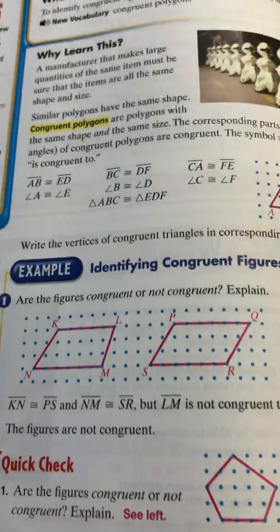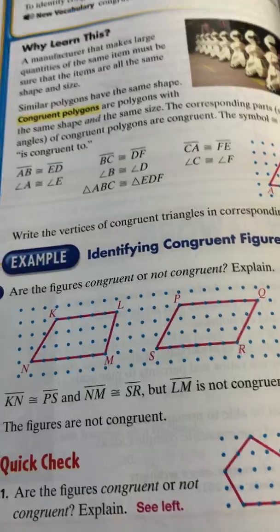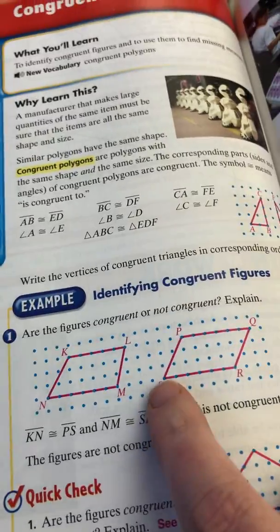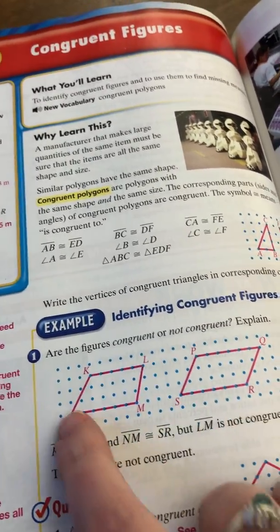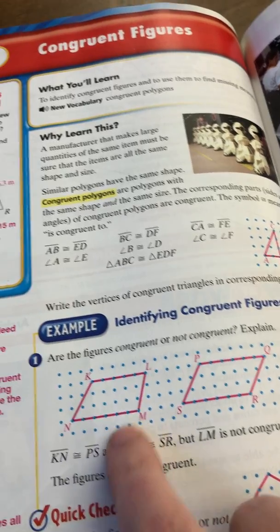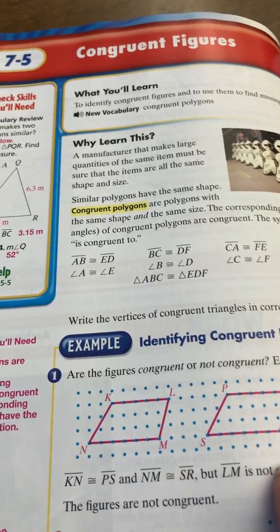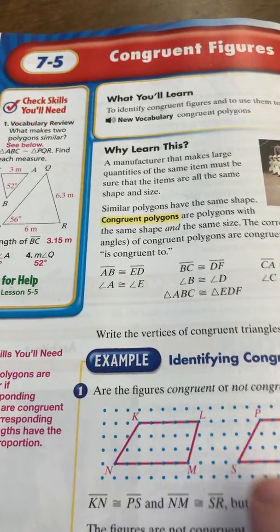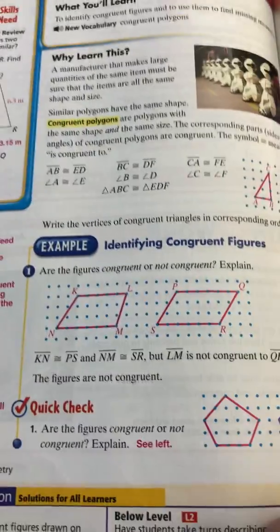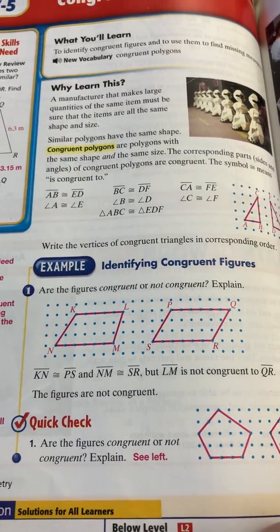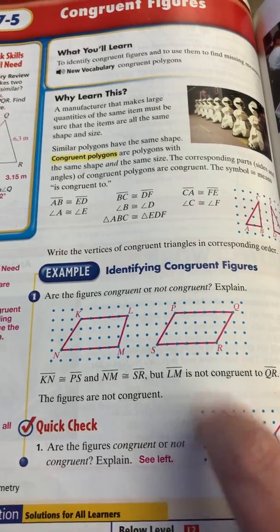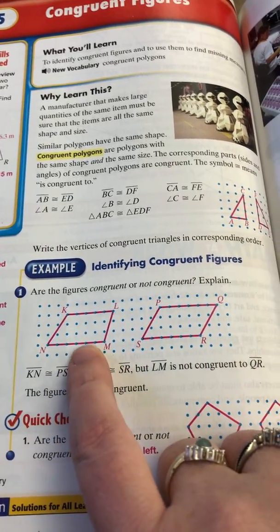You can count the dots for this one. This one's a visual one, but anyway. So you have 1, 2, 3, 4, 5, 6, 7. 1, 2, 3, 4, 5, 6, 7. So NM and SR, or NM and RS, they are congruent, but as a shape and as a whole, they're not congruent here. This is a parallelogram, and this is trapezoidish.